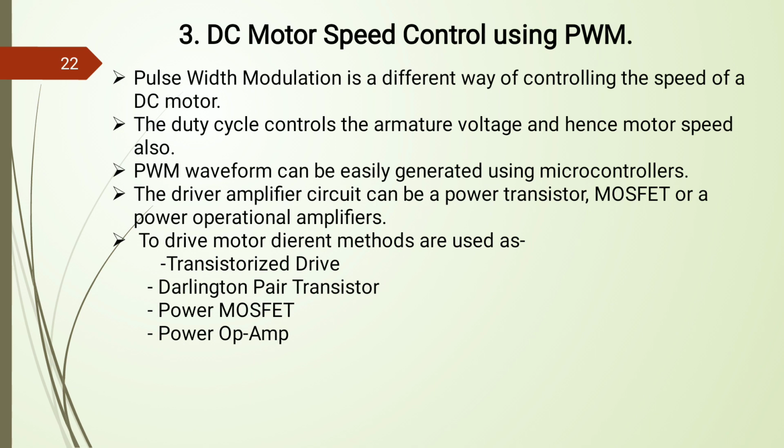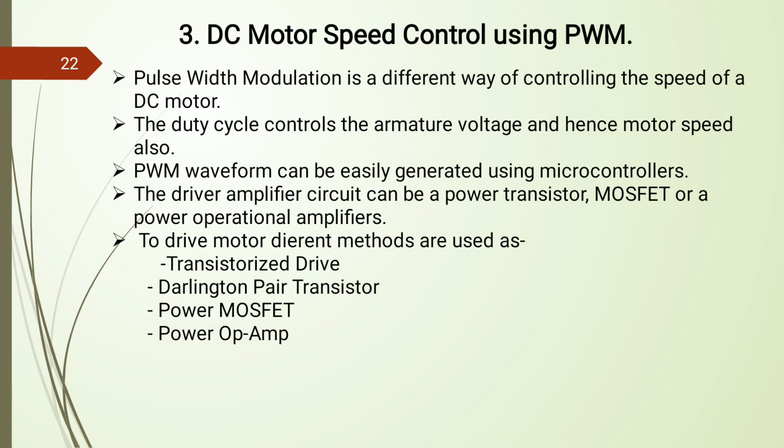Some different techniques or methods used are the transistorized method, that is the normal method, which is generally used for low power applications. Then the Darlington pair transistor driver circuit, where two transistors are connected together to generate the required high current.